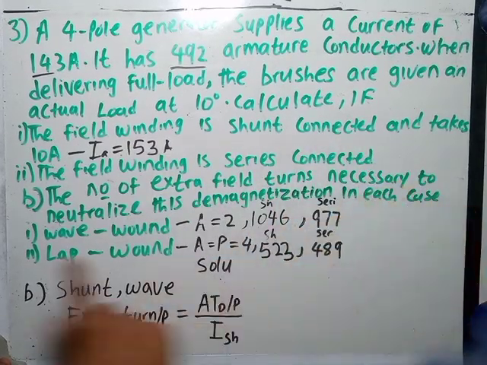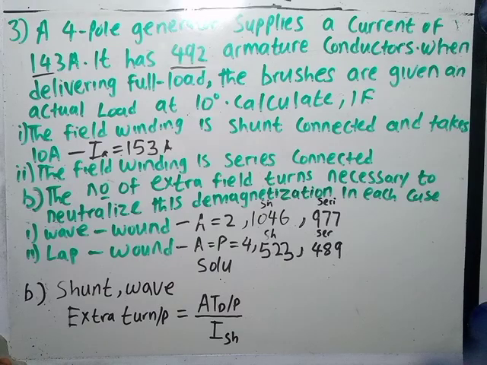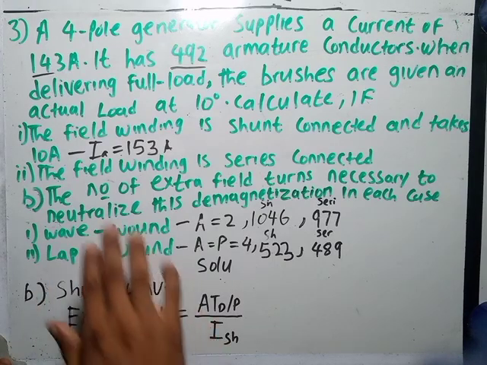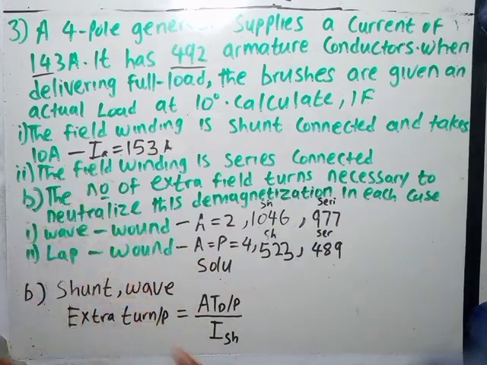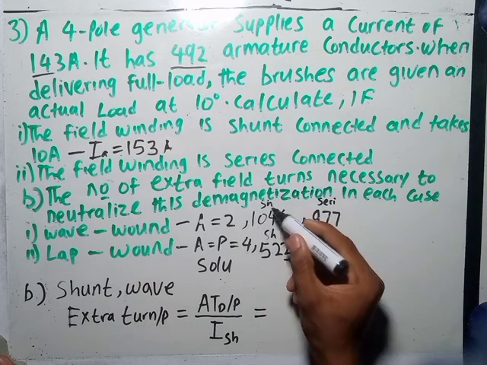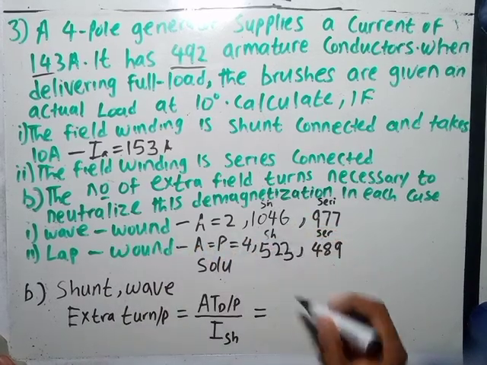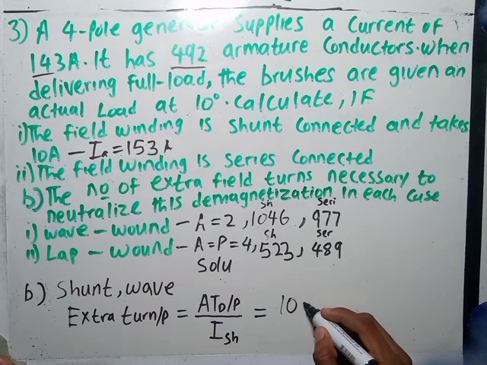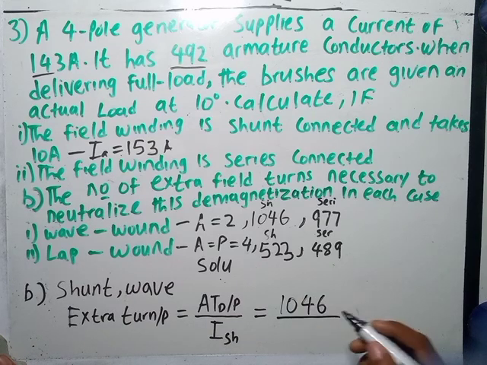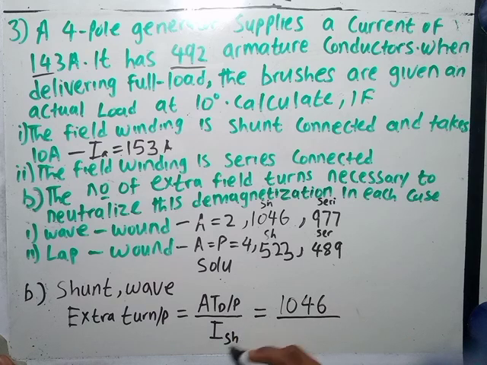Now, for the first case, when we are solving A, our current was no longer the one supplied at the terminal, that's the load current. Instead, we are using the armature current. And in this case too, we'll be dividing by I shunt and not just I. So inputting our answers for our shunt wave, we had that our ATD per pole was 1046 over our shunt current.